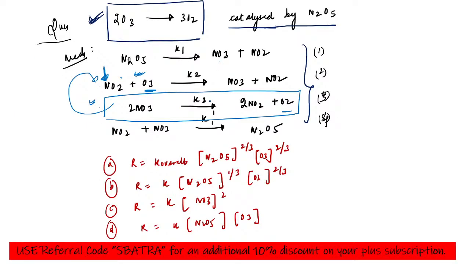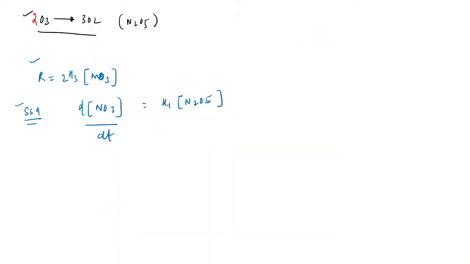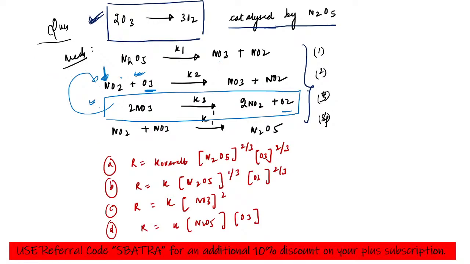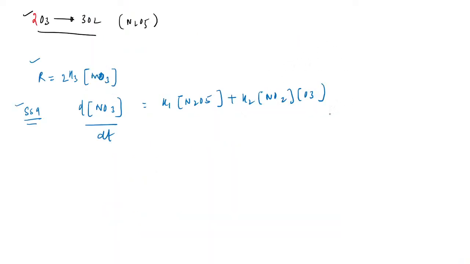Now let's go to the next case. NO3 is present over here, so that is minus K2 NO2 O3. Next, NO3 is also present in the third reaction, so we can write minus K3 NO2 NO3, and then twice K3 NO3 whole squared.